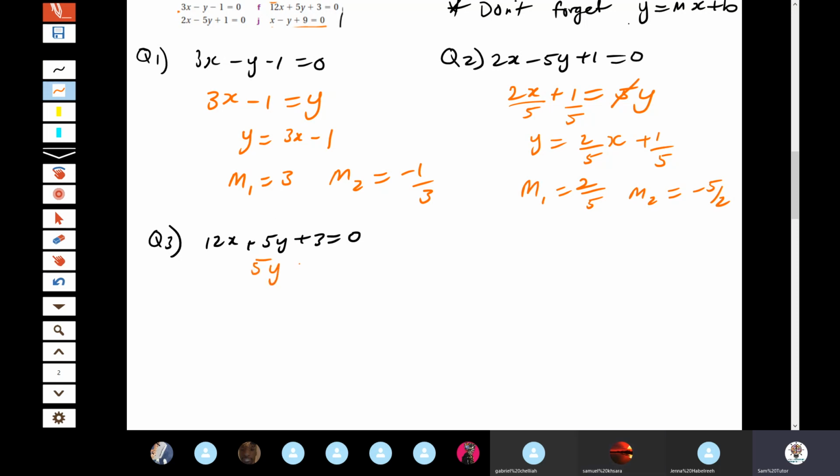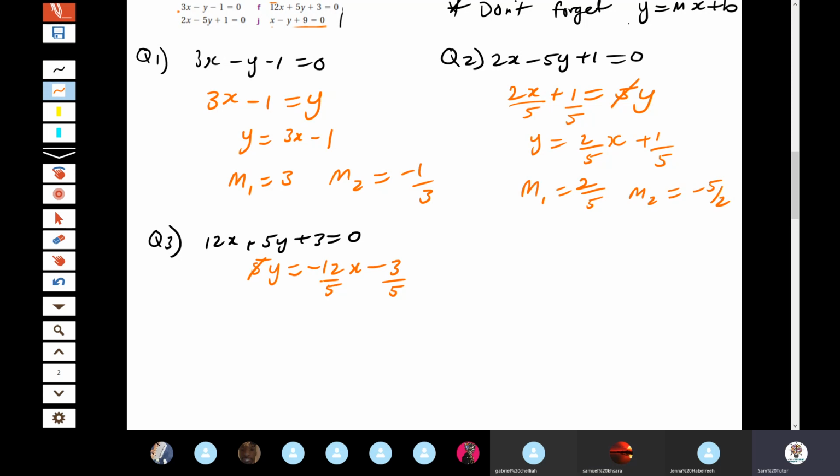So it's going to look like this. 5y equals, and then what? Negative 12x minus 3. Good. And then divide everything by 5. And there's a reason why I do this, by the way. I know some of you might say, hey, can I just go all over 5? You can, but then you're probably going to miss sometimes your gradient being simplified.